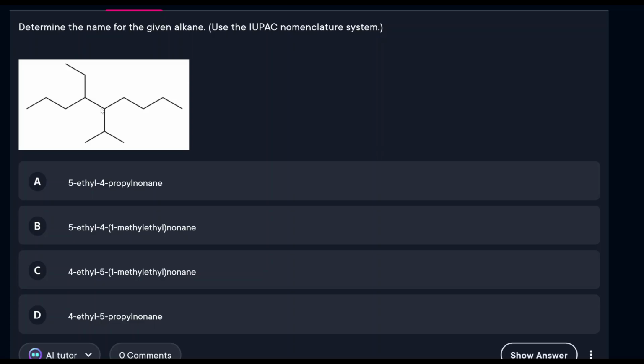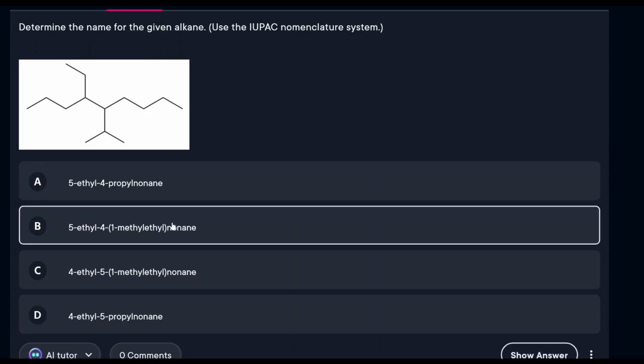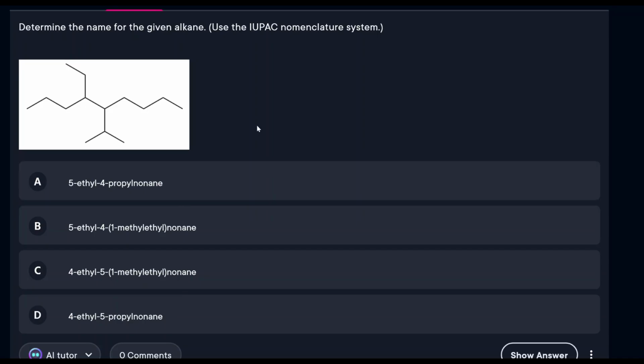If we go this way, it'll be shorter. If we go this way, it'll be shorter as well. So 9 is definitely our longest chain, and 9 has the prefix non, N-O-N, and it looks like all of our answers have that. So we can't really get rid of any of our answers just based off of the longest chain.